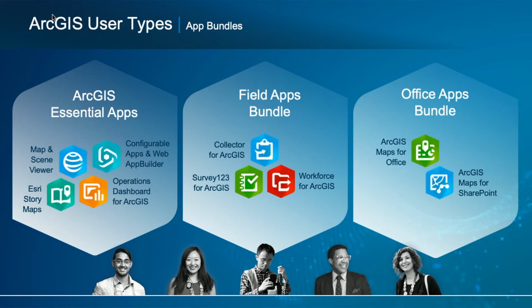All right, so I mentioned the app bundles a few times, but app bundles are a new concept with user types, where we bundle apps that are used commonly together to provide access to our users. So one in particular to pay attention to is this ArcGIS Essentials apps, and it provides access to a lot of the mapping capabilities within ArcGIS Online.